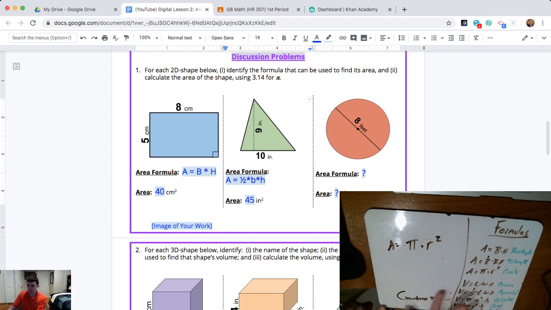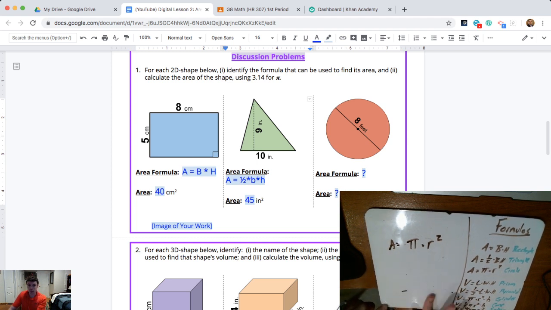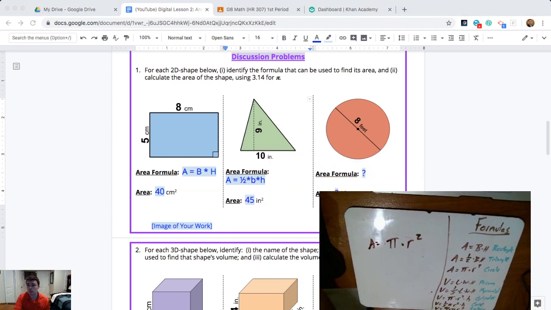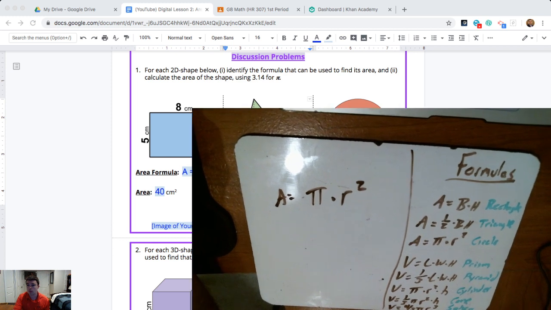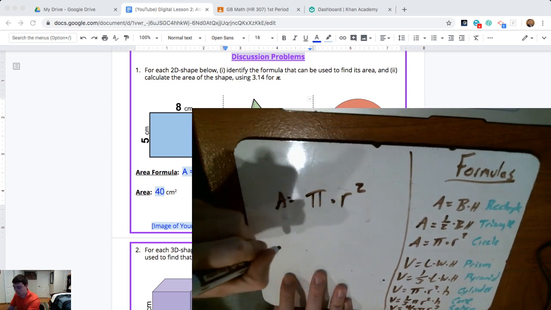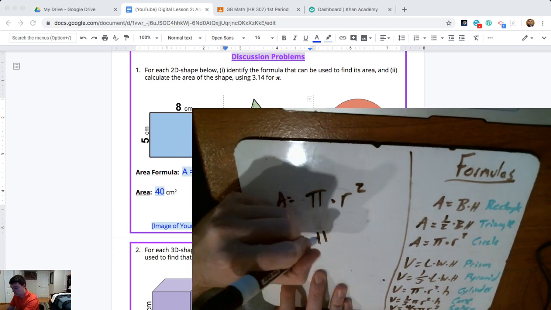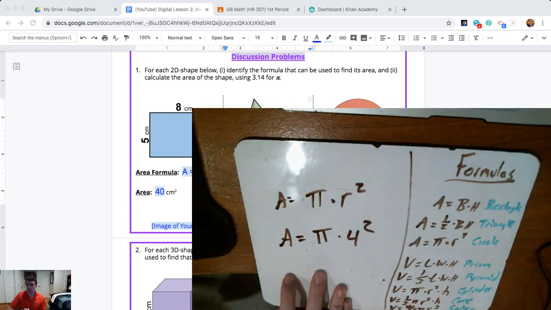As Donald, Michaela, and DJ are all identifying, the big key for problem 1 on the red circle is to see the radius is 4 feet if the diameter is 8 feet. So with a radius of 4 feet, pi times 4 squared.